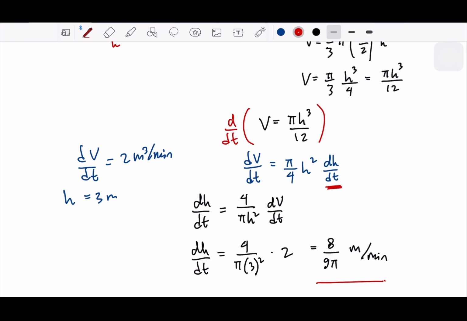This is just the standard level for you to solve. Okay, any questions?